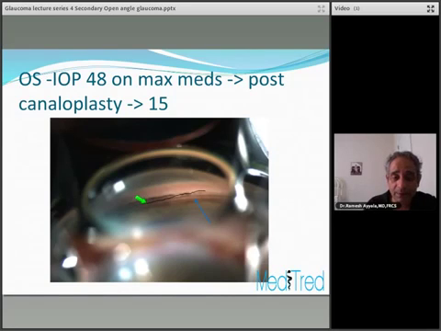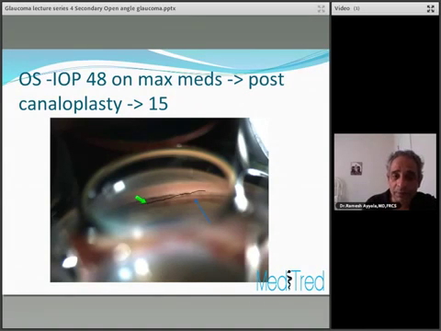I don't have his pictures right now on me, but he did not respond to medications. This was about 7 years ago when we were beginning to do canal surgeries, and he's a high myope at minus 13, I believe. As is this particular patient that I'm presenting.